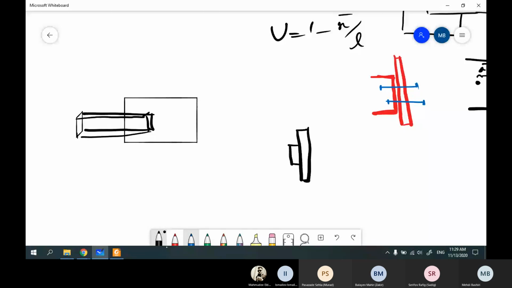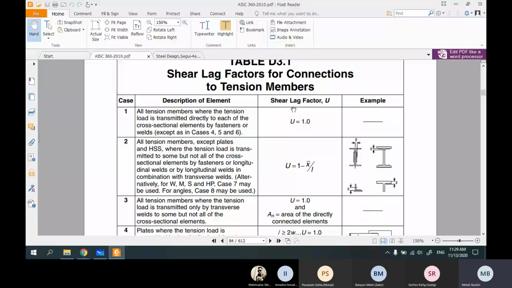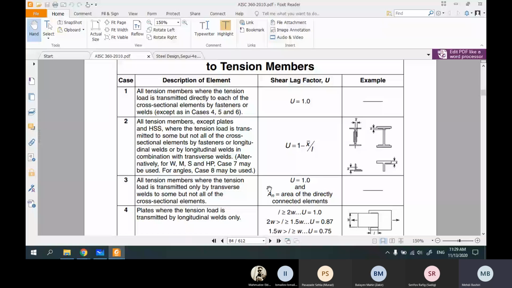In here, U is 1, so there is no need for any calculation. But if you have these cases, you should calculate U. For other cases, you should find U depending on your case.